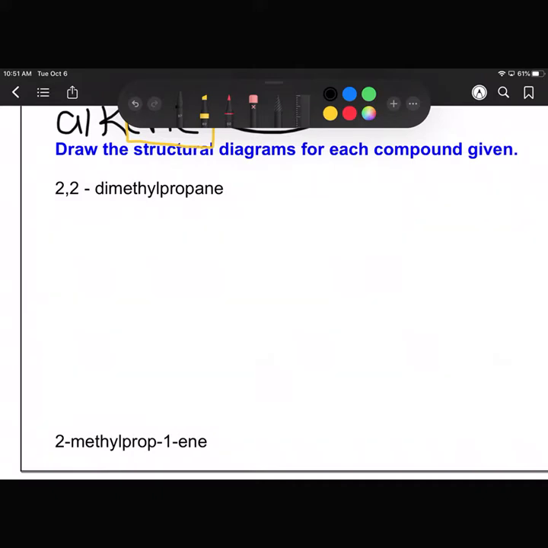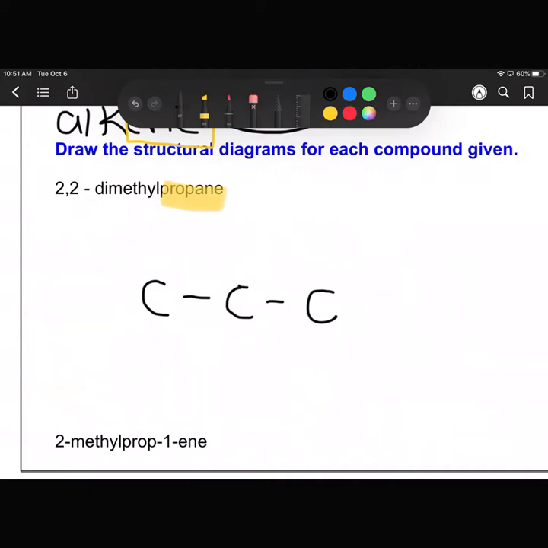Well, our first step is to figure out what propane is. I work my way backwards: I start at propane, then I look at methyl, then di, then the 2s. So what is propane? It's 3 carbons. So we are going to draw 3 carbons, like this.